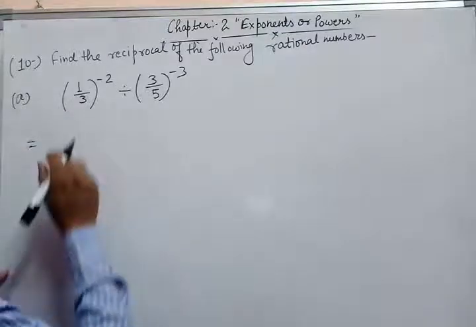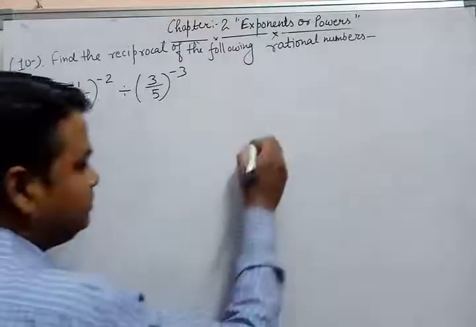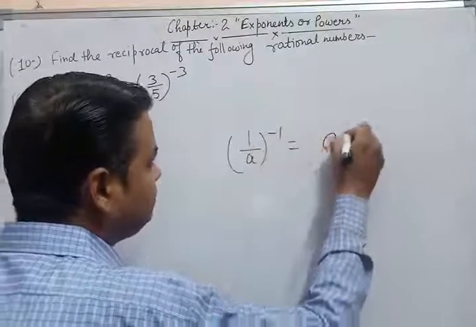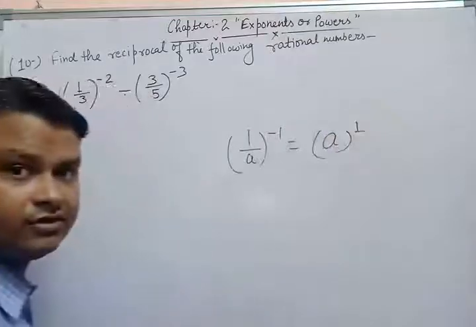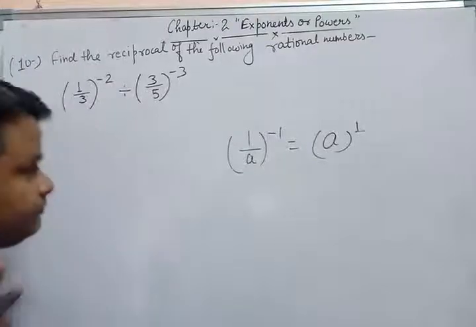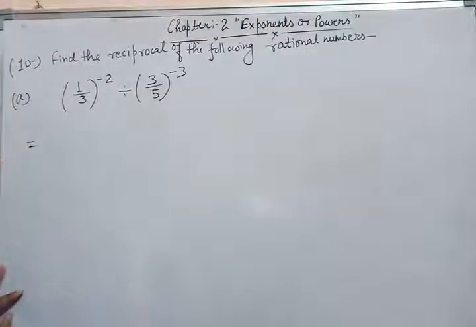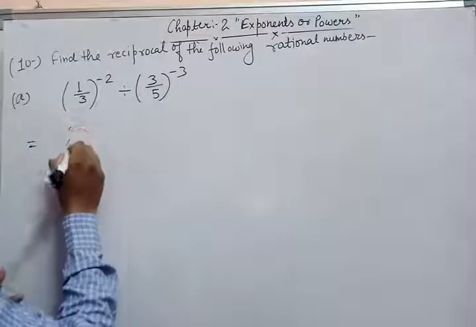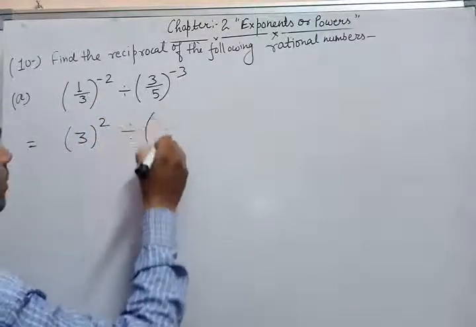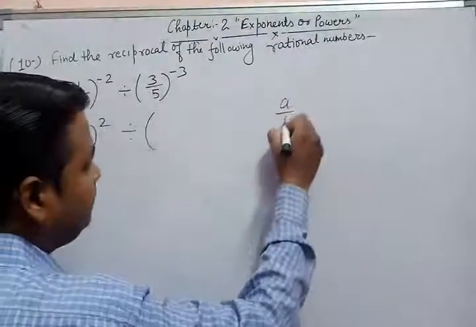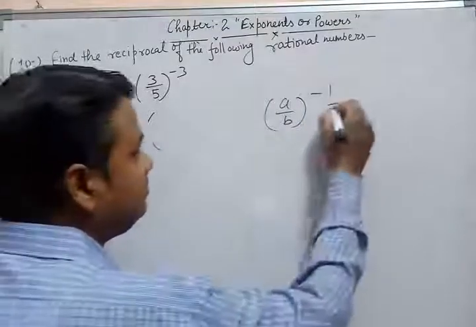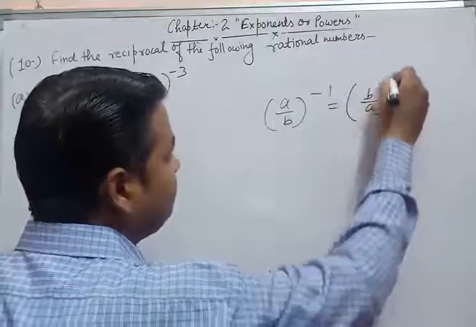First of all, we have to change the negative power. Listen, 1 upon A to the power minus 1 can be written as A to the power 1. So we can write 1 upon 3 to the power minus 2 as 3 to the power 2. Also, if A upon B to the power minus 1, then we can write B upon A to the power 1.